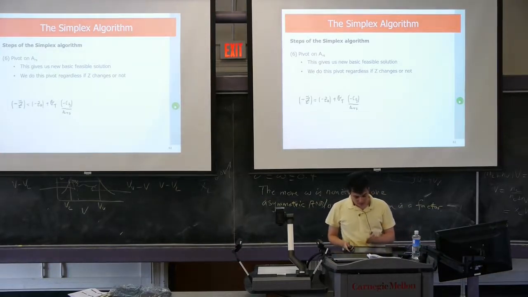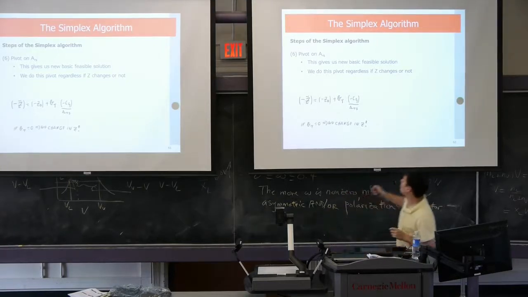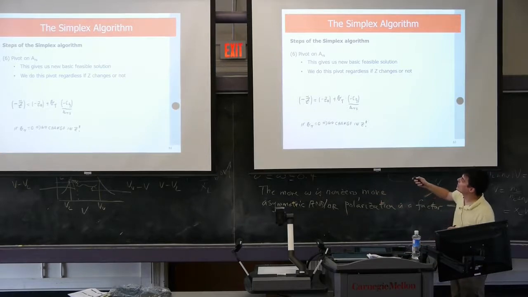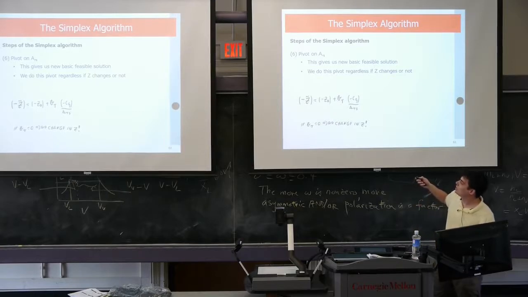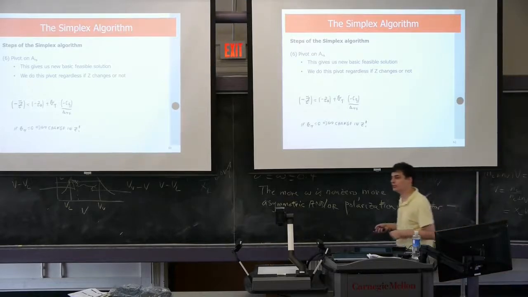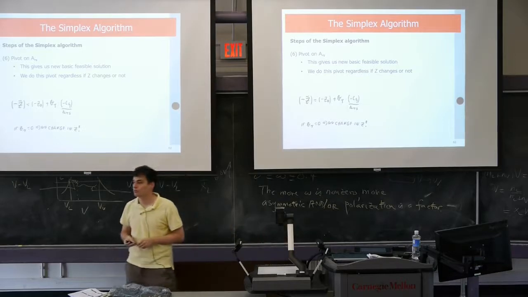Okay, and this will be the new value of our cost function. One thing that we can notice, though, is that if B_r was 0, then there's no change in Z. So it might happen that you do a pivot and your cost function doesn't change.